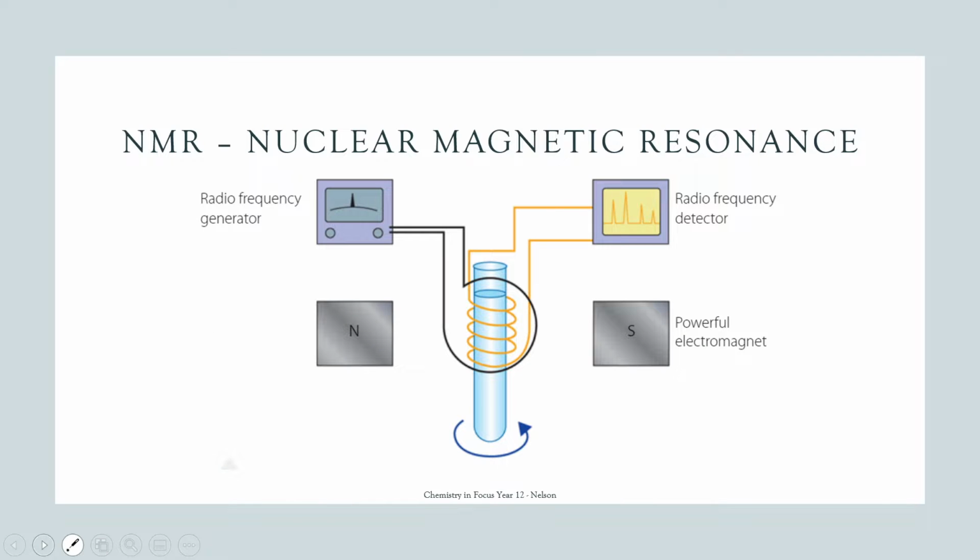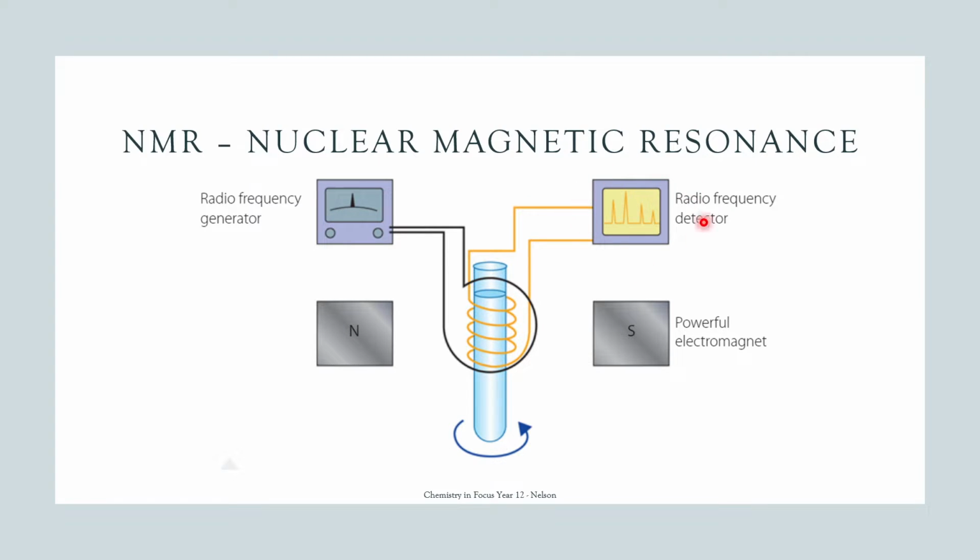So when we're doing NMR, or again, nuclear magnetic resonance, what we need to do first is have our sample sitting in an electromagnet. That will mean that all the nuclei will set their spins in place, but there won't just be a magnetic field that's present. What we can also have is a radio frequency generator, which will generate different radio waves that will cause these spin flips to happen.